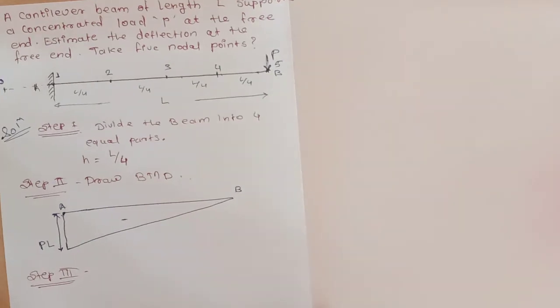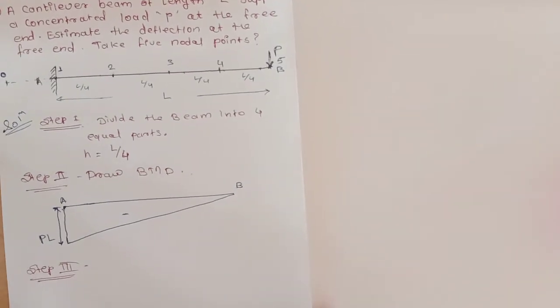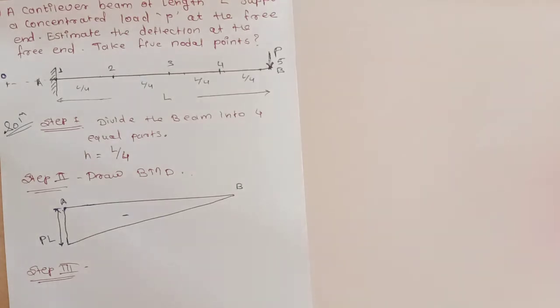Then next is step number 3, draw the M upon EI diagram.